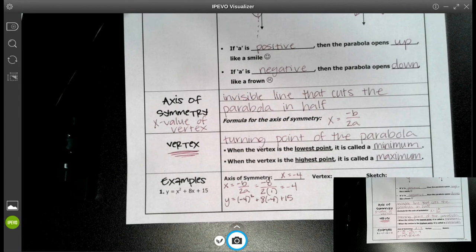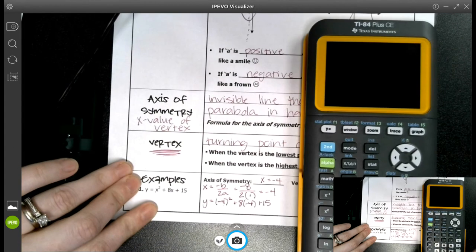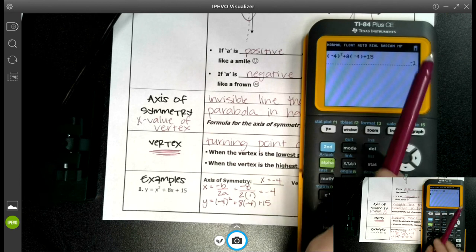I can do this in my calculator. Probably your teacher's going to want you to put it in to figure it out yourself. But for the sake of time, I'm going to plug this in here because I want to show you something. If I do negative 4 squared plus 8 times negative 4 plus 15, that's going to give me negative 1.